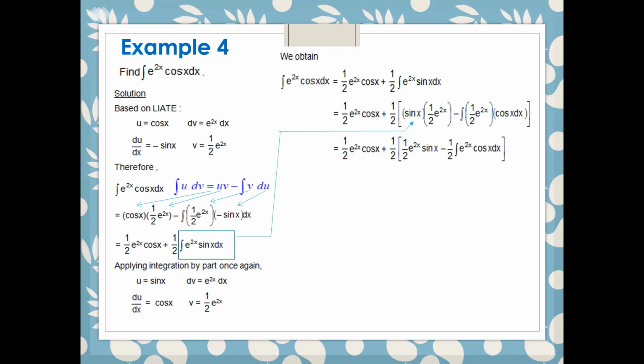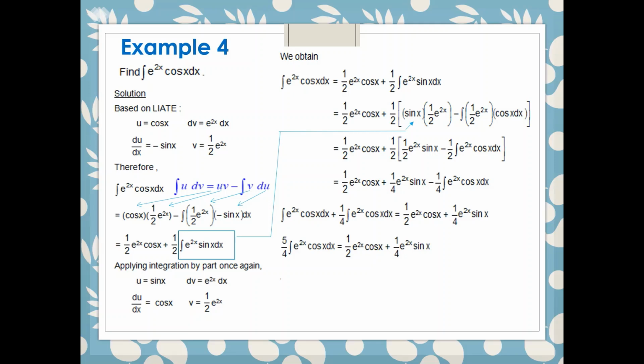Then substitute this information into the same formula and simplify. As the new integral is actually the same as the original integral, you can combine them together by moving the integral to the left. Simplify the whole equation. You should get the final answer for the given integral. Make sure you add C to your final answer.